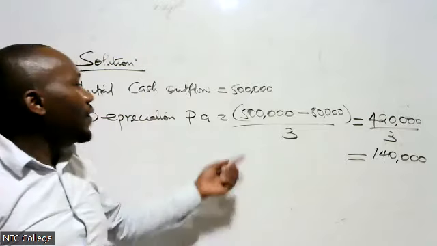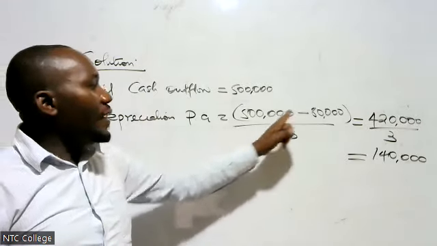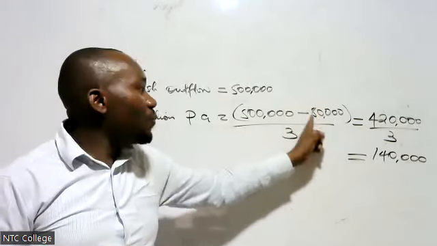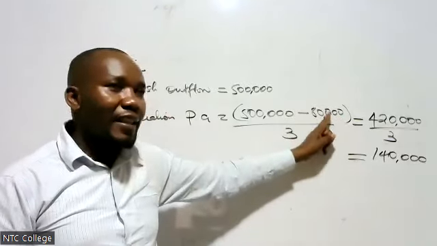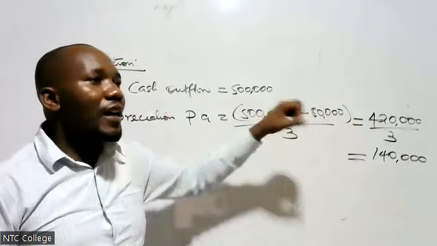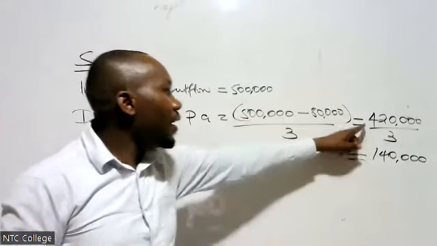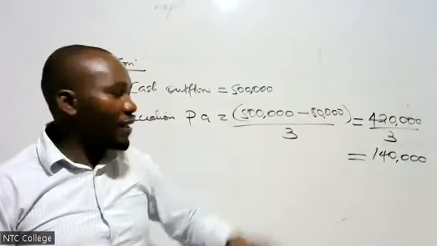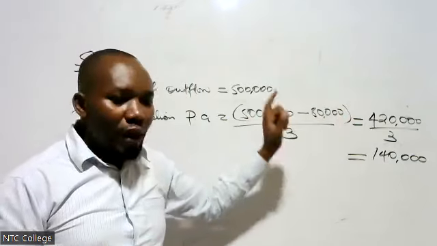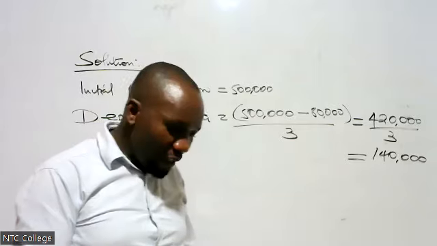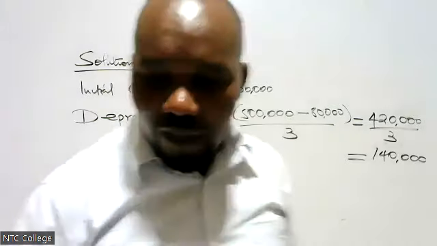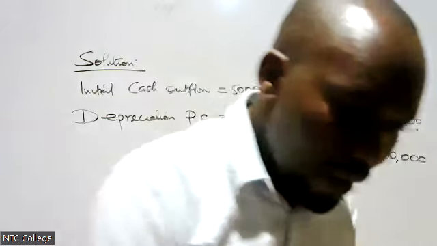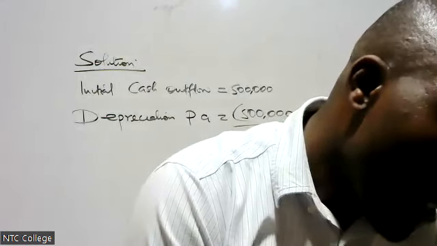So just get the original value less the scrap value, because this one has not been depreciated. So how much did we write off? 420. If that is the total and it is on a straight line basis, we divide it by 3. So equally, every year, you get 140,000. That is the depreciated amount.